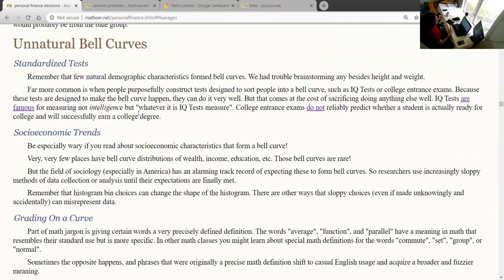Okay, so bell curves became very famous with standardized tests. And this is something as students you deserve to know about. If people want to group people in a way that would be good for academics and make bell curves, like some sort of IQ test or college entrance exam, then you could do that.